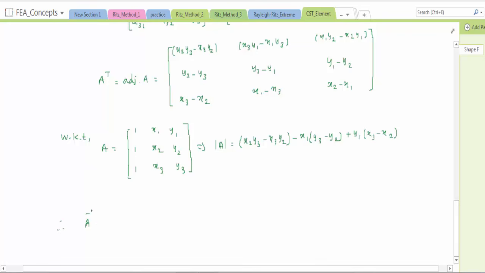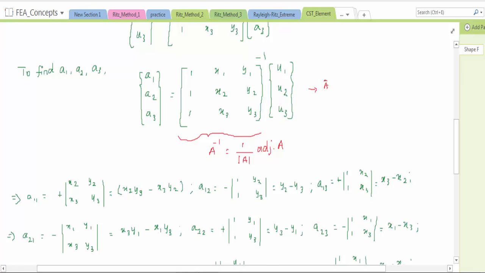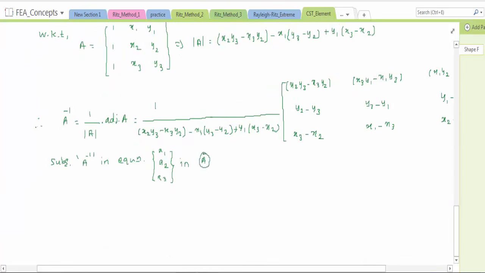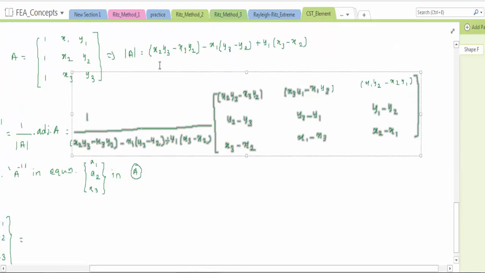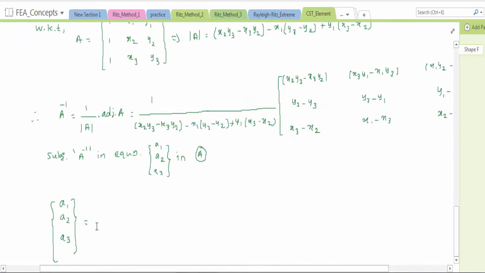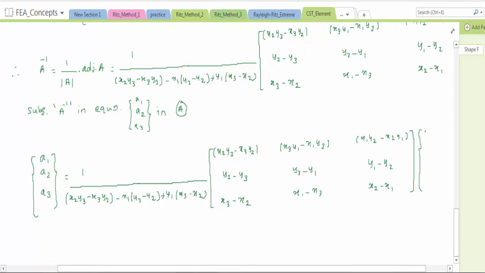So this is the determinant of A, and A inverse can be written as 1 by modulus of A into adjoint of A. We directly write these values for 1 by modulus of A, and for the adjoint of A, I am just copying this matrix and pasting it here. Now substitute this A inverse in equation A, that is a1, a2, a3 equals this, times u1, u2, u3.